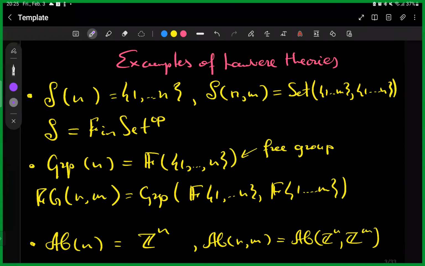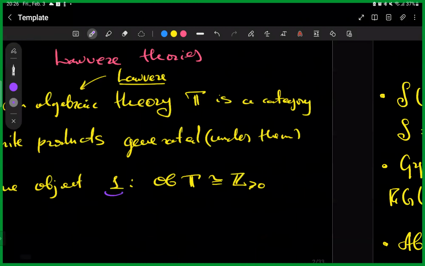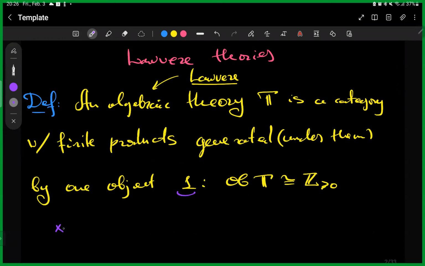Yeah. What do you mean by the category which is generated by this object? Well, it just means that any object in this category T is of the form 1 to the power of n for some n. So this means that the object generates this category under the products.